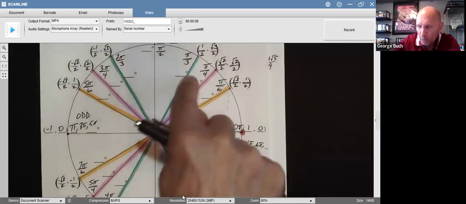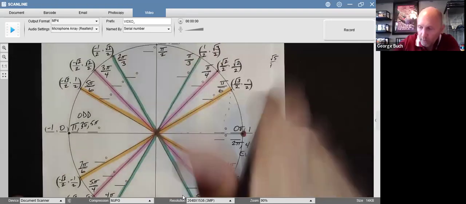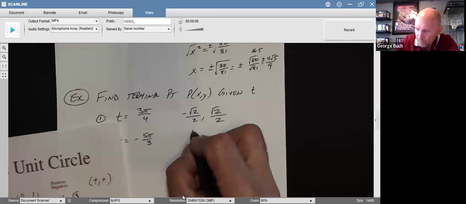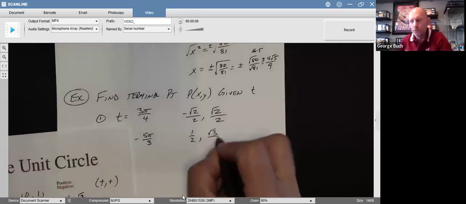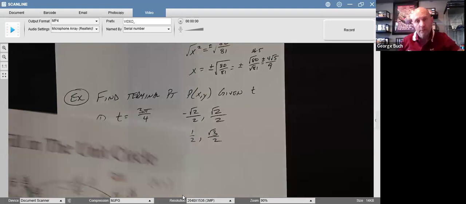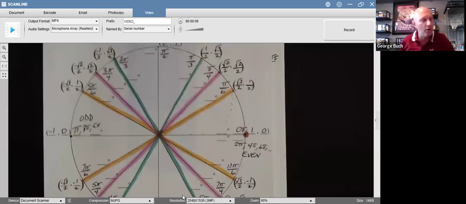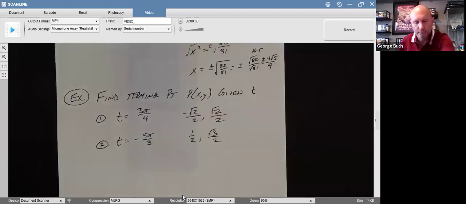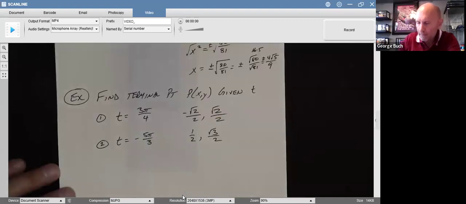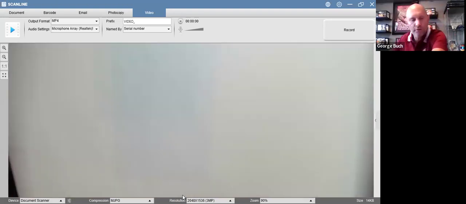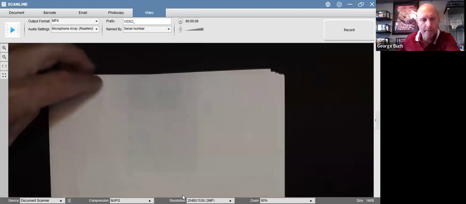Because I end up in quadrant 1, the answer would be positive 1/2, positive root 3 over 2. So that's how you would do problems like that when it falls on the unit circle. All right, what if I have the following?